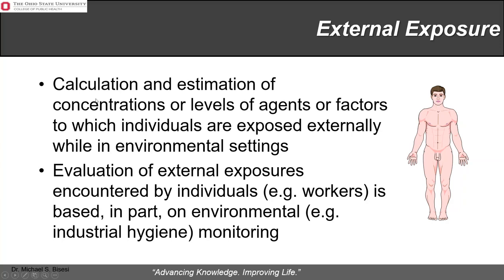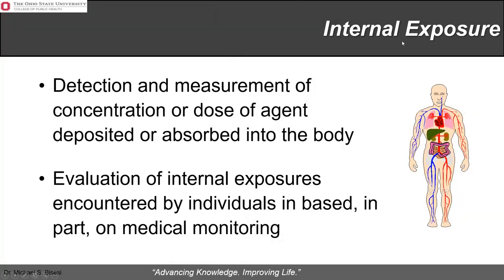And so environmental sampling is used to measure levels of external exposure when feasible. We can measure air contaminants, whether chemical or radiological. We can measure biological, physical, and chemical agents just in general. And we can either estimate or measure duration of exposure. So said differently, we can characterize external exposure.